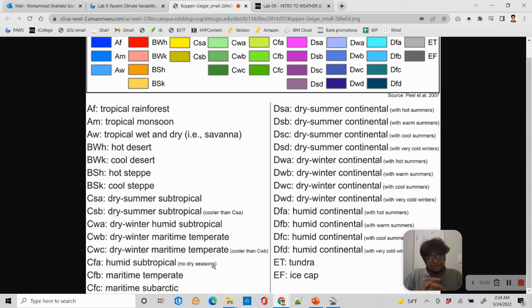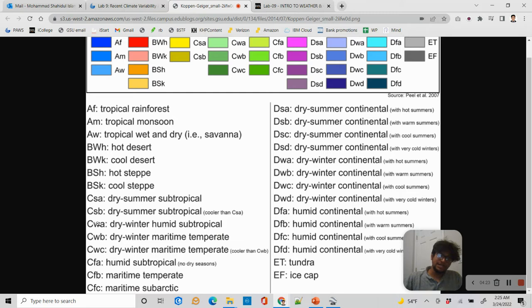That's what CFA is, and there are all the other names. CFA, light green, means humid subtropical, and then there are different types of biomes here. AF, AM, AW, the bluish ones, are talking about the tropical region. B is talking about the desert and steppe types of situations.